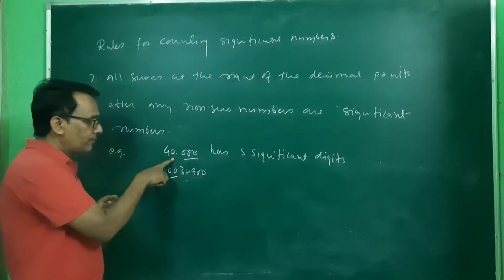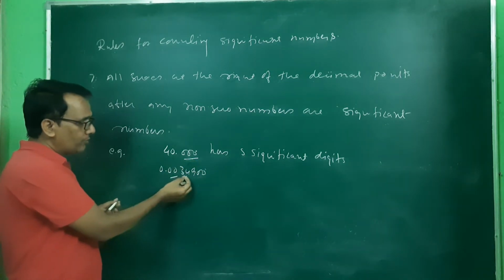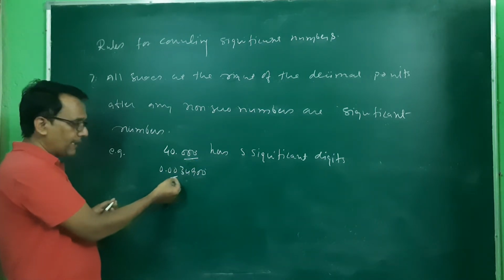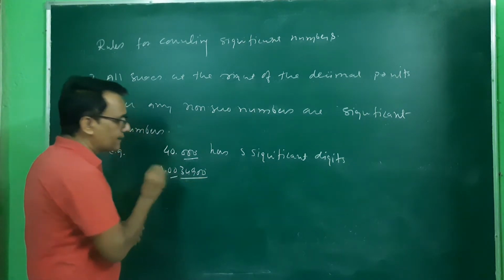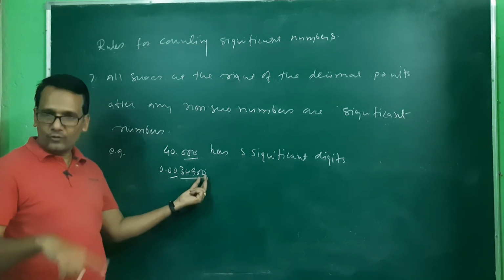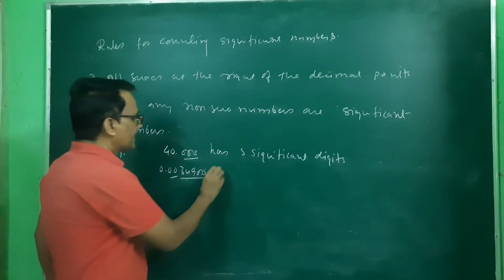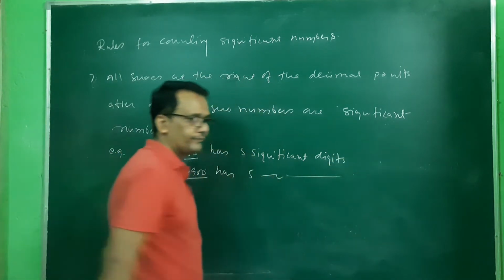So non-zero digits के बाद में अगर कोई है तो वो significant में count हो जाएगा, लेकिन non-zero digits के पहले है तो ये significant में count नहीं होता, है ना? So here in this case, the significant digits are 1, 2, 3, 4, 5. ये right side में है, तो right side में तो countable है. So it has 5 significant digits.